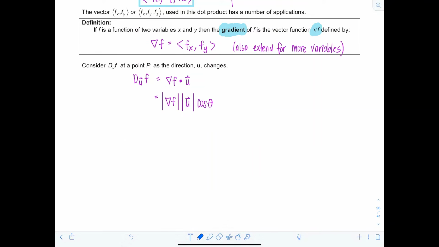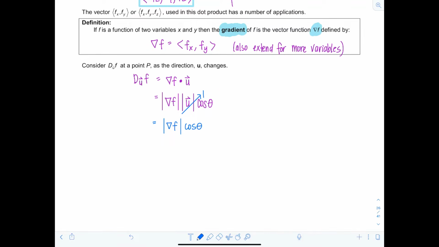The magnitude of u is 1 because u is a unit vector, so I can rewrite this as just the magnitude of the gradient of f times cosine theta.